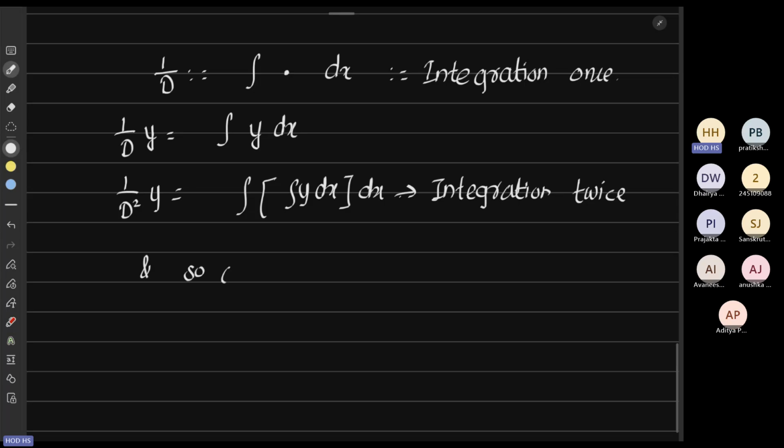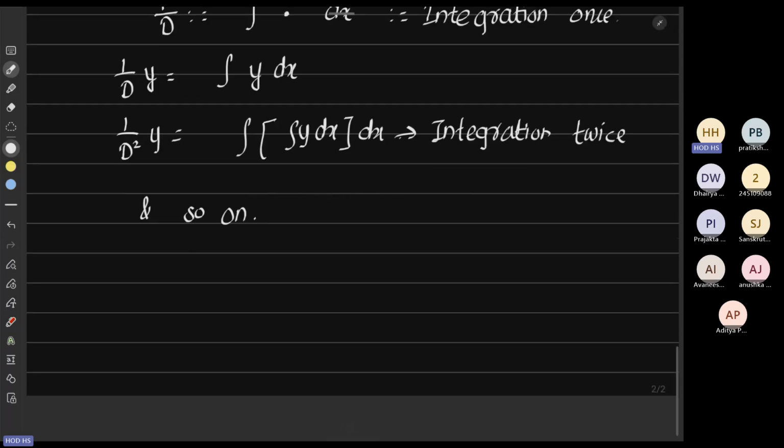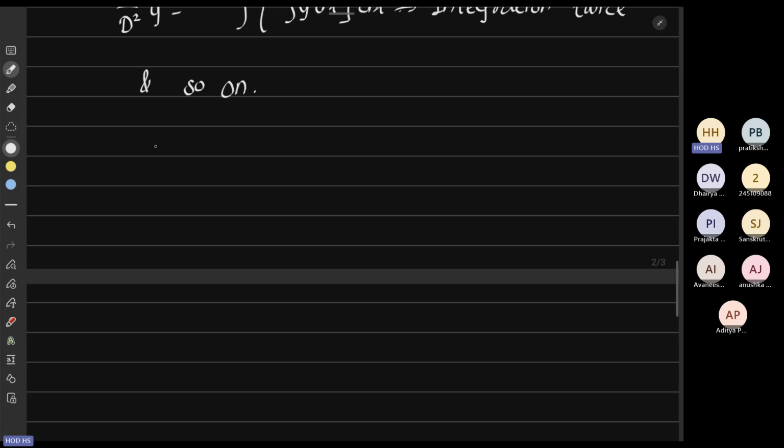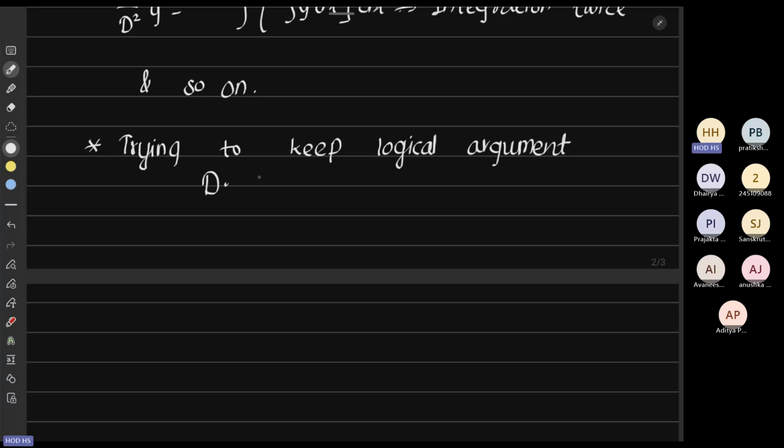Notice that I'm trying to keep a logical argument that D into 1 by D of a certain function, say y, should be y.